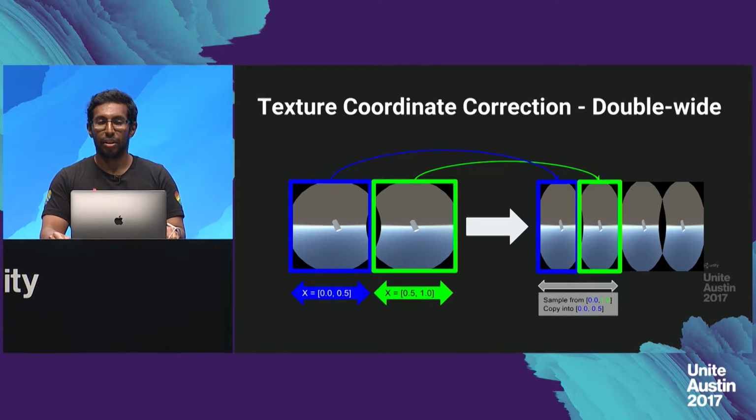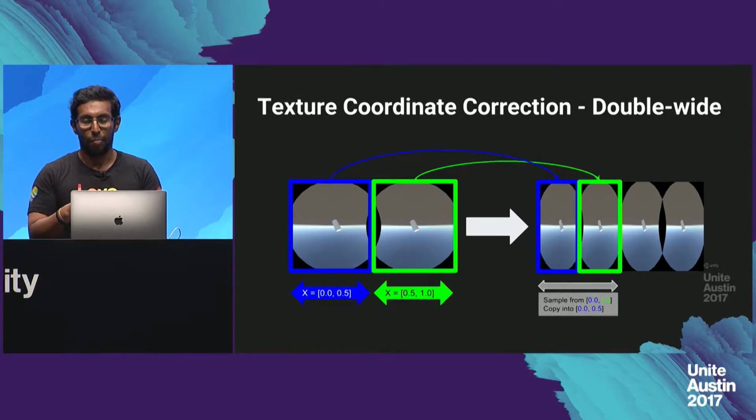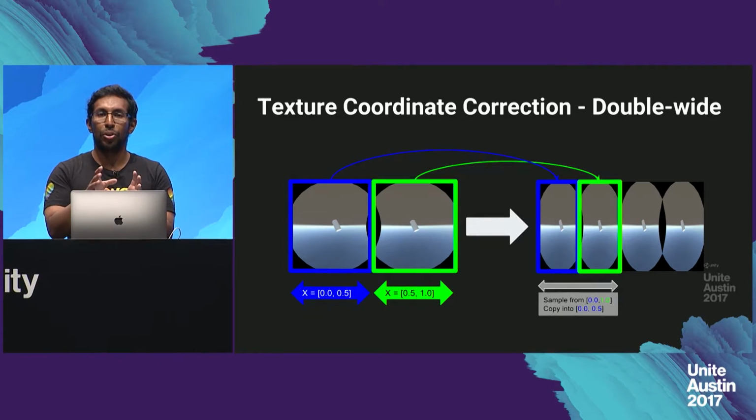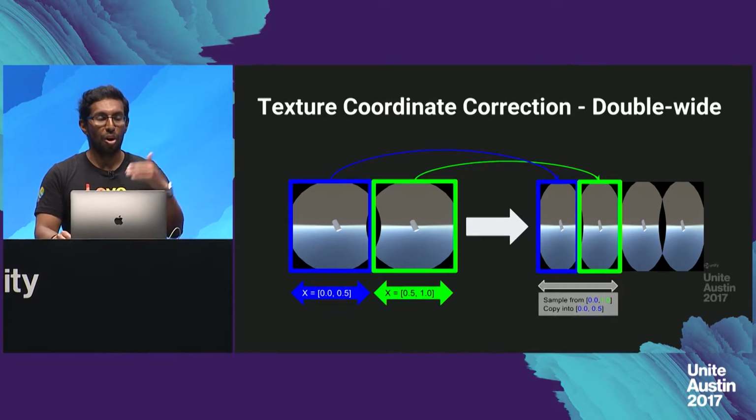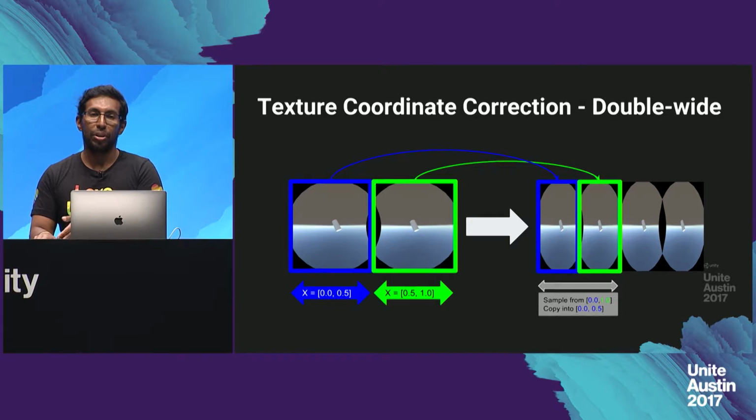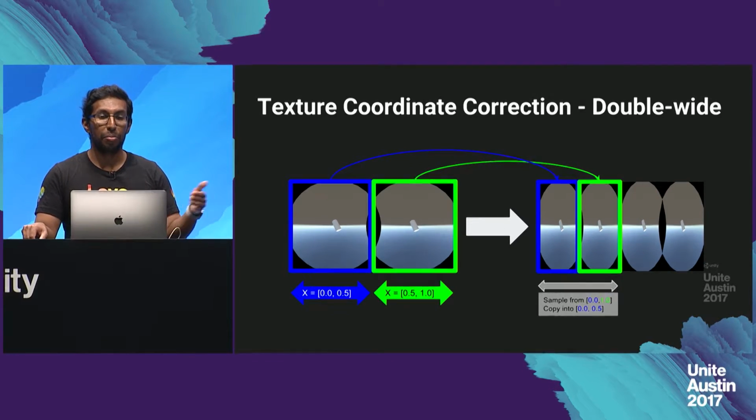The reason is that even though for the destination texture, it's copying into the correct eye portion, its texture coordinates aren't being generated correctly, right? So for the left eye, it copies into 0 to 0.5 for X, but it's sourcing the samples from 0 to 1.